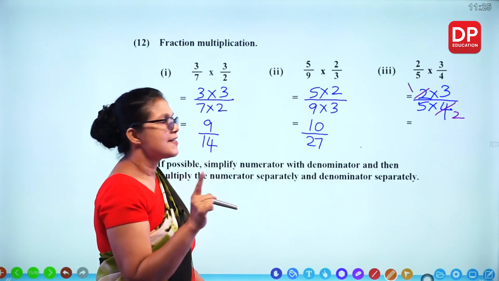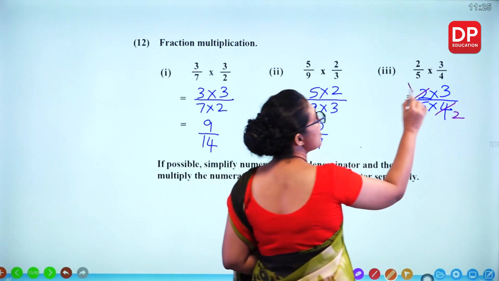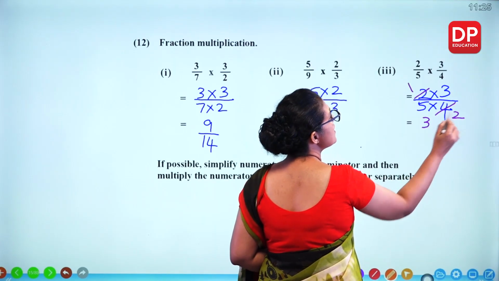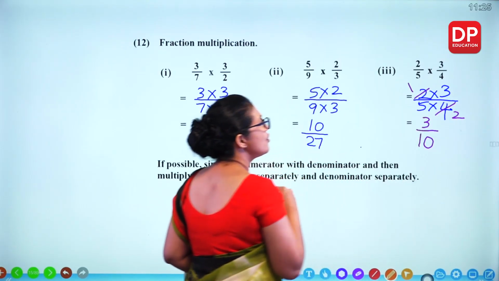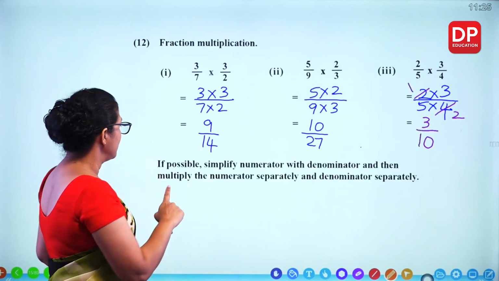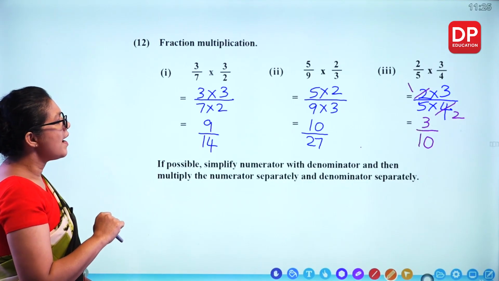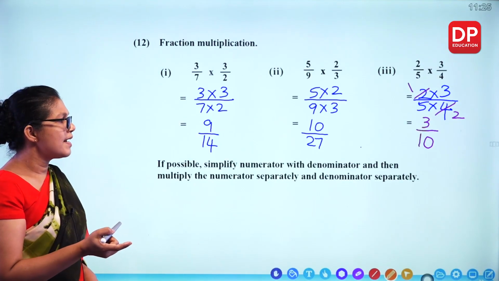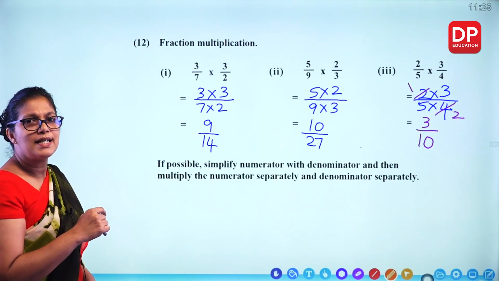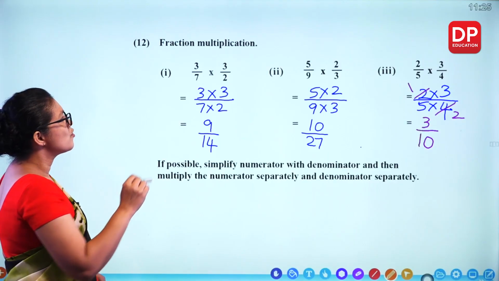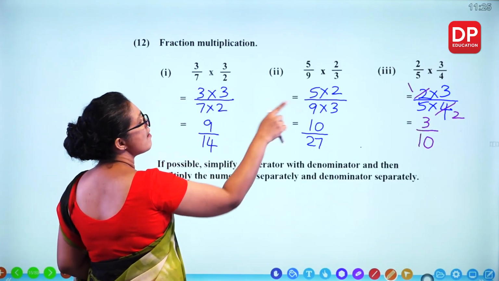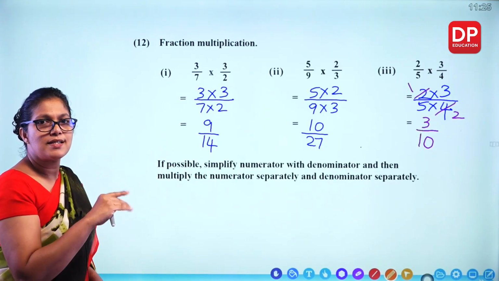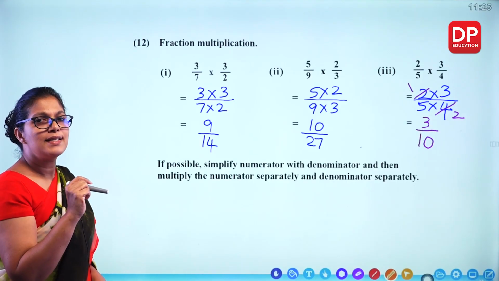Now multiply separately. Numerator 1 times 3, 3, 5 times 2, you get 10. If possible, simplify numerator with denominator and then multiply the numerator separately and denominator separately. So it's good to check whether there are common factors in both numerator and the denominator.